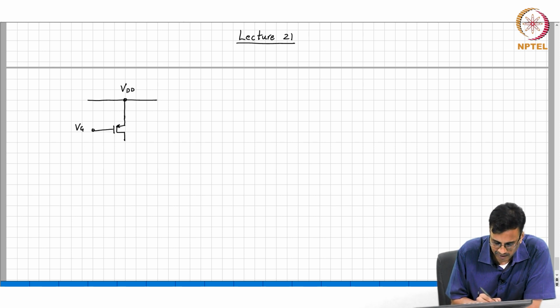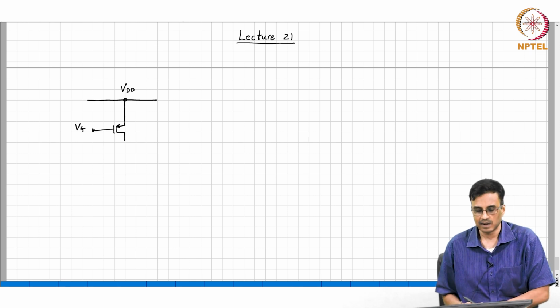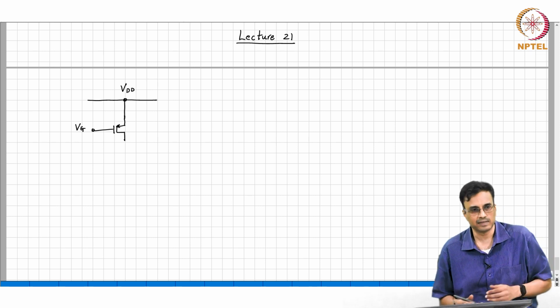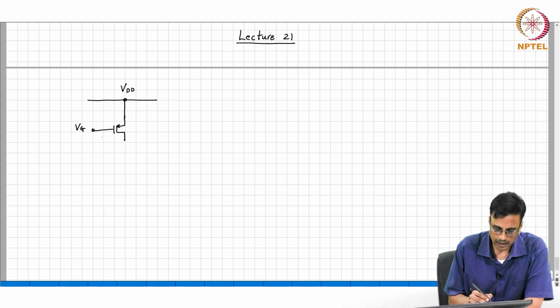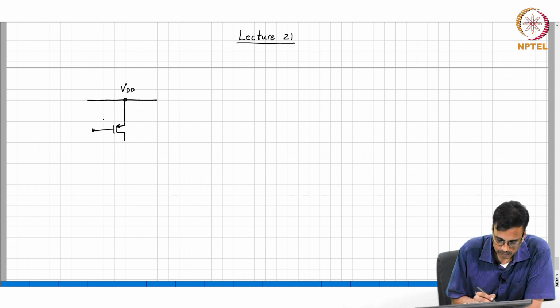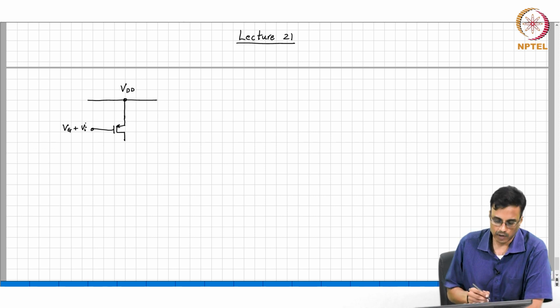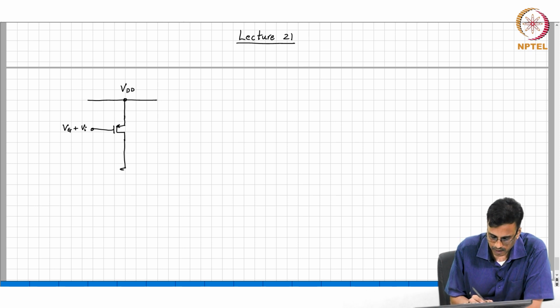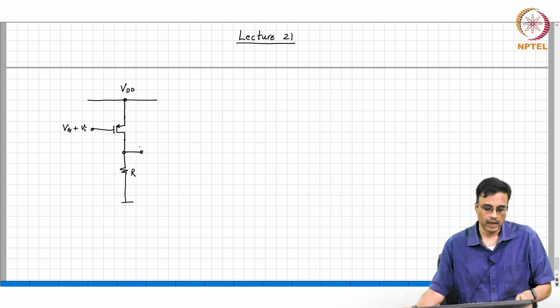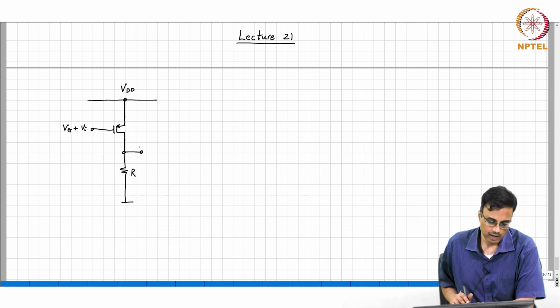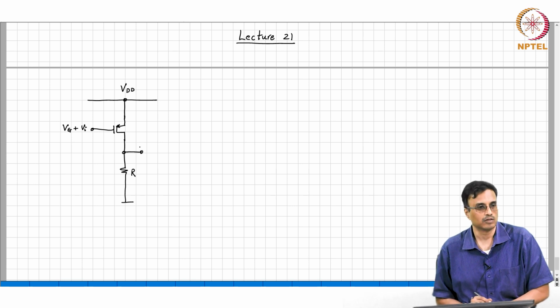So, the gate is biased at some Vg, right. Let us not worry about how that bias came about, it could be a resistor string, it could be something else, and there is Vg plus Vi, some voltage, and this is some R. And so, as they say, a picture is worth 1,000 words.